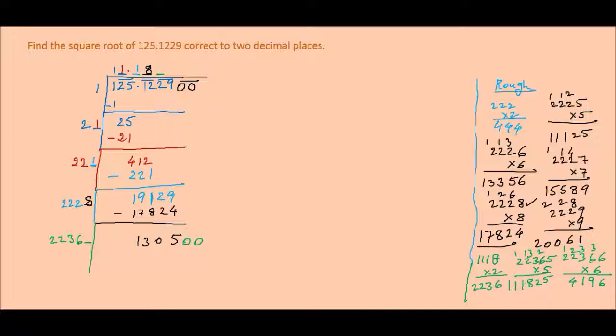And 6 times 2 is 12 plus 1, 13. 134196, which is more than 130500.